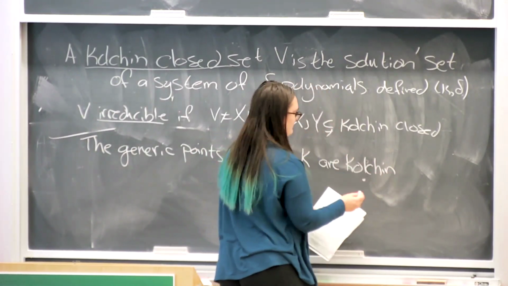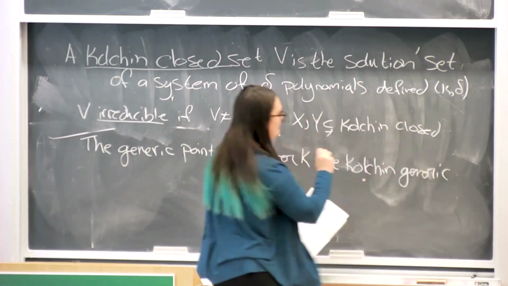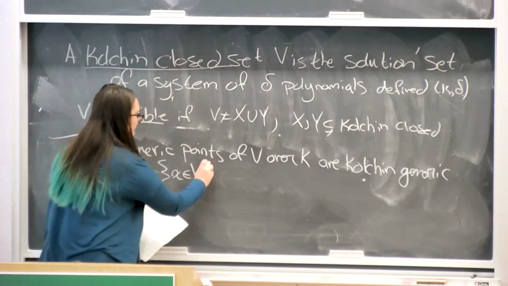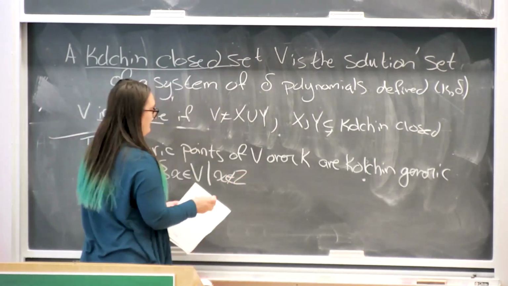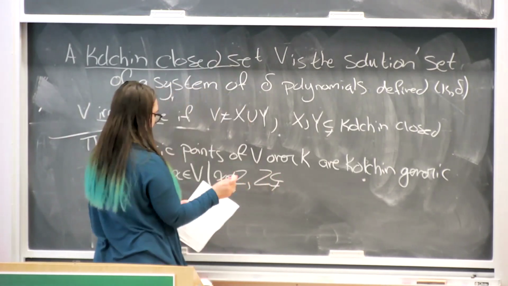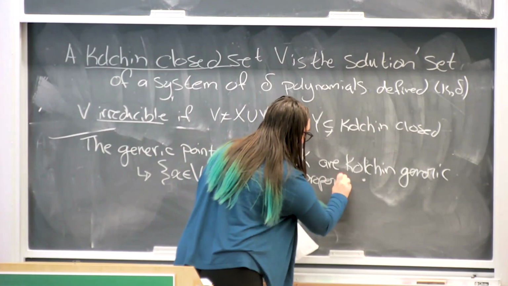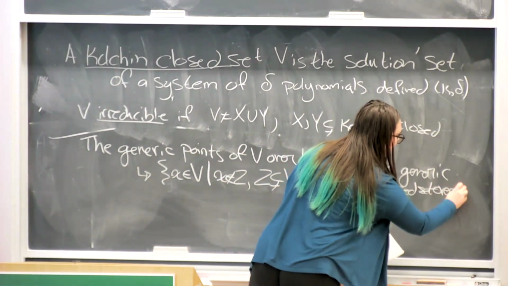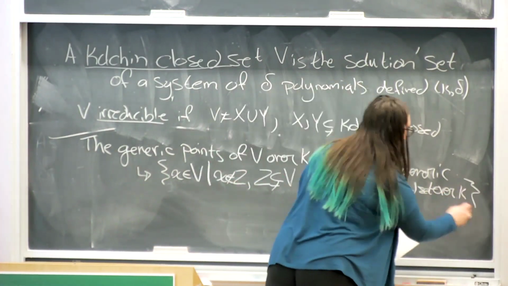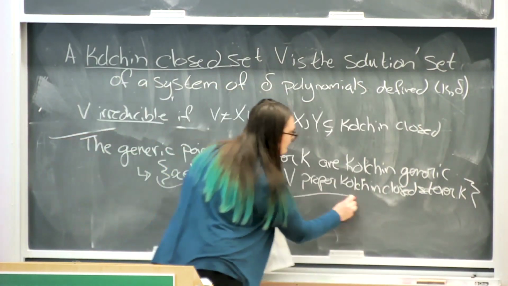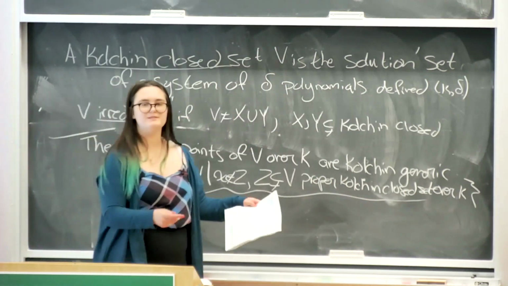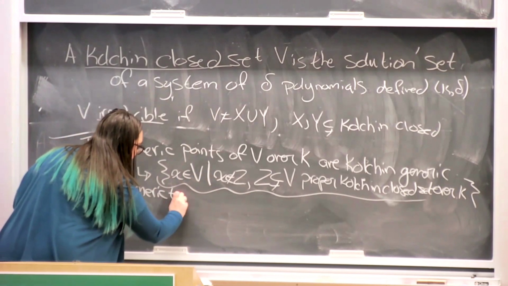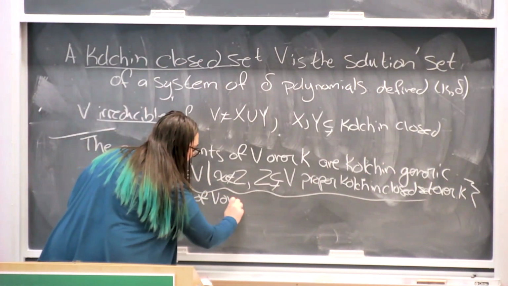So what I mean by this is they're of maximal dimension, or more specifically, these are all the points where X lives inside of V, but X is not inside of Z for any Z which is a proper Kolchin closed set, which again is defined over our field K. Okay, and then what this set here gives us, if we take collections of this condition, or something which says I don't belong to a variety, this gives us our generic type of V over K.